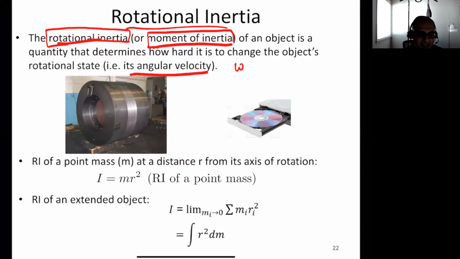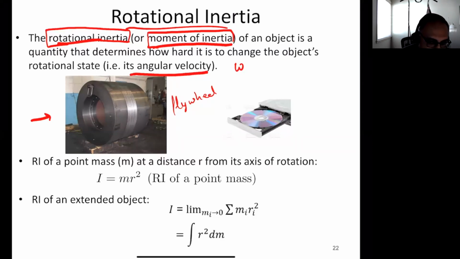in your daily lives. If you take a look at these two objects over here, on the left, what you have here is called a flywheel. It's an industrial flywheel, and it has many, many uses. Basically, it's this very thick cylindrical object, very, very heavy, and it rotates about its axis, right?